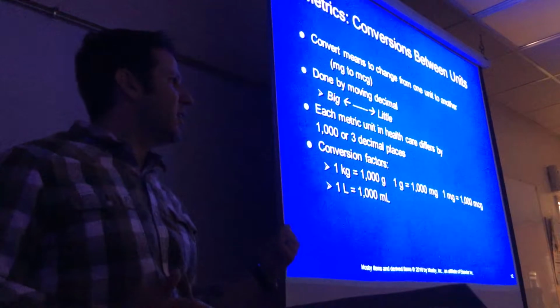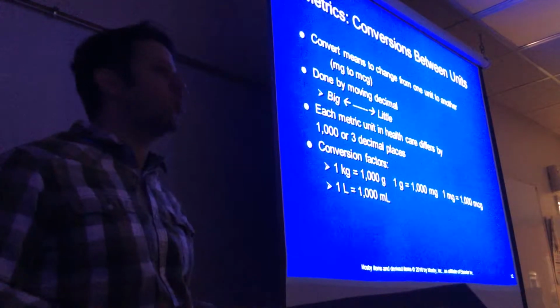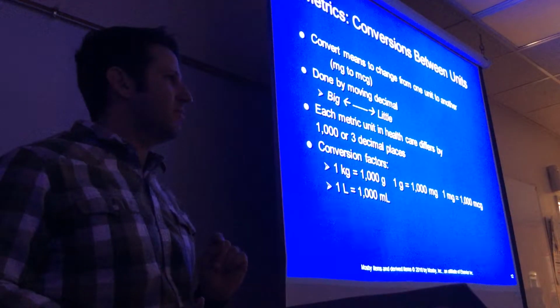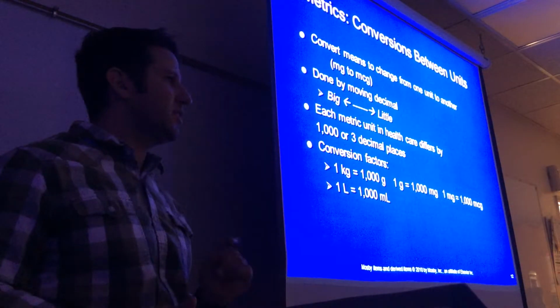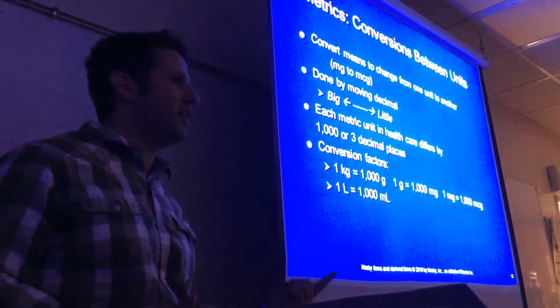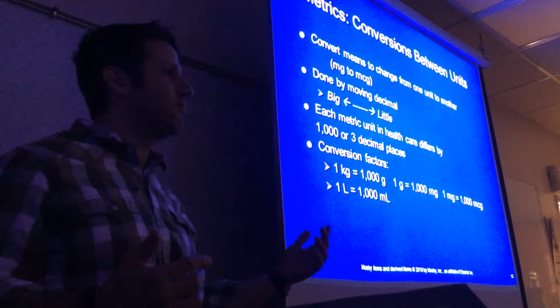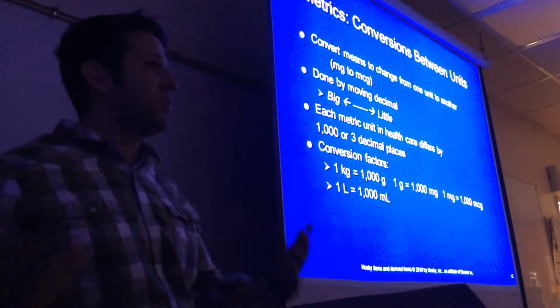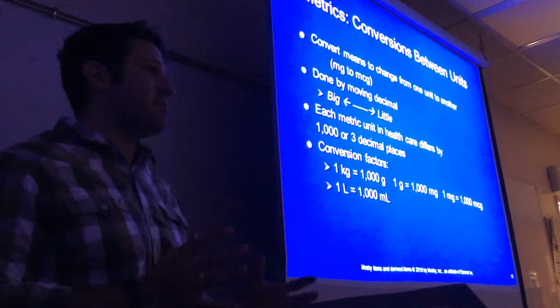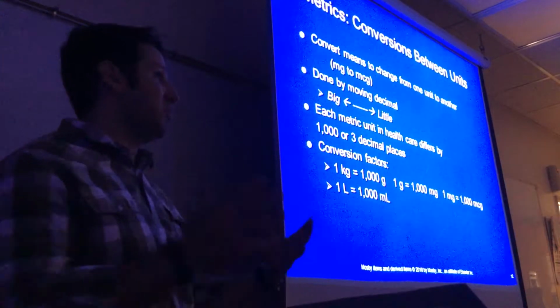So 1 liter is 1 kilogram. Does that make sense? 1 liter is 1 kilogram. So I know that if I have this amount I've put in, and I have this amount that I've retained, then I can guess my weight is going to be this amount when compared to yesterday.